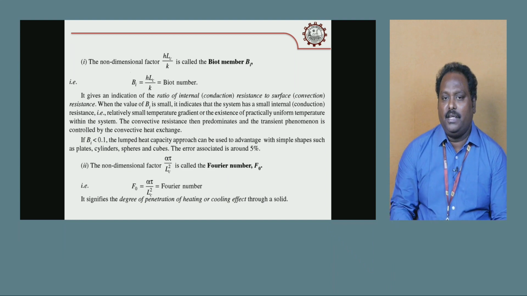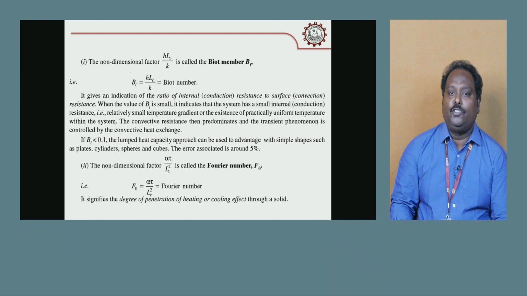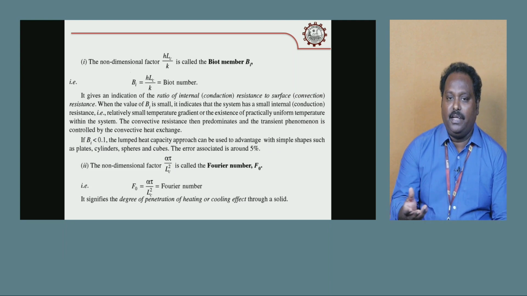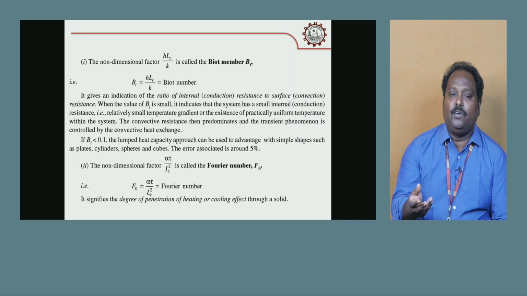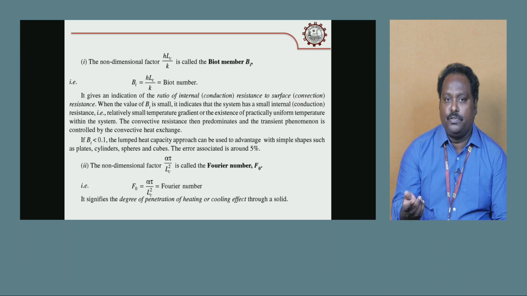After that we derived the governing equation by assuming a body is left in the environment. Then we have seen the characteristic length, how to find it for simple shapes such as plates, cylinders, spheres and cubes.